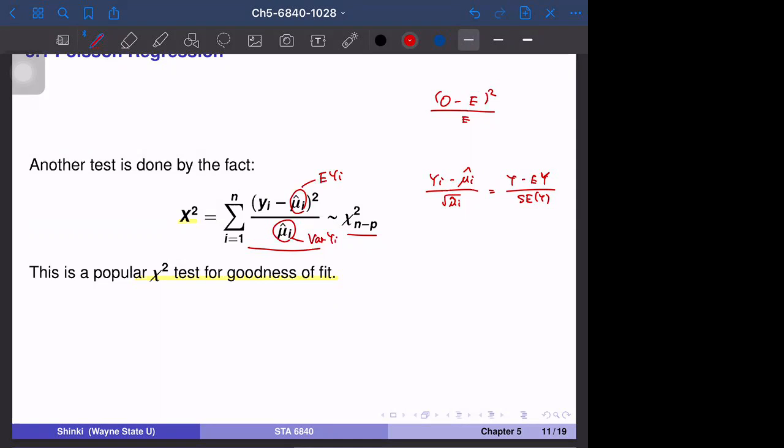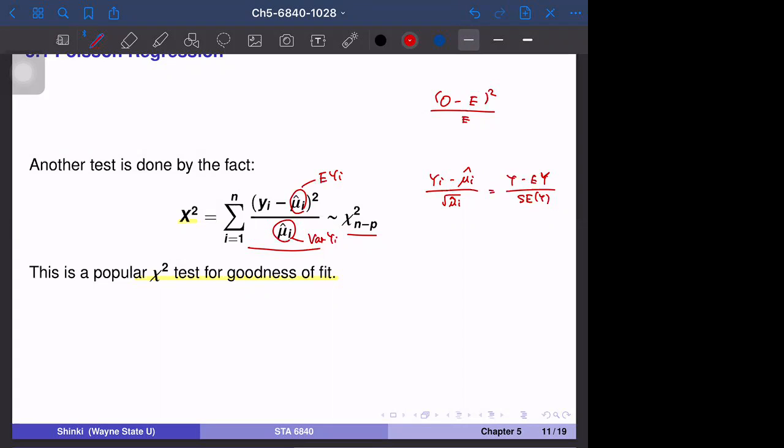Now y i is a count, but a count with a large value is approximately normal. So it's similar to binomial data. If we have the sample proportion with large n, then the sample proportion is almost normal.